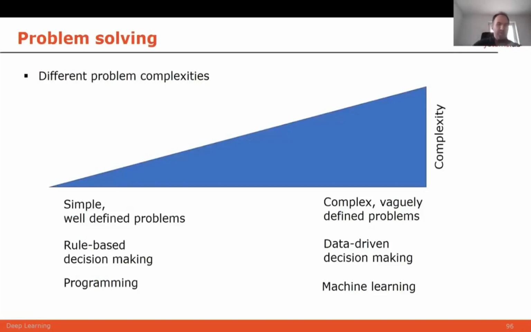And if I just divide all the problems that exist in the world with respect to complexity. On one hand, we have very simple problems, right? The well-defined problems that are really based on certain rules. In football, for instance, determining whether there was a goal or not, it's rule-based, it's quite easy.